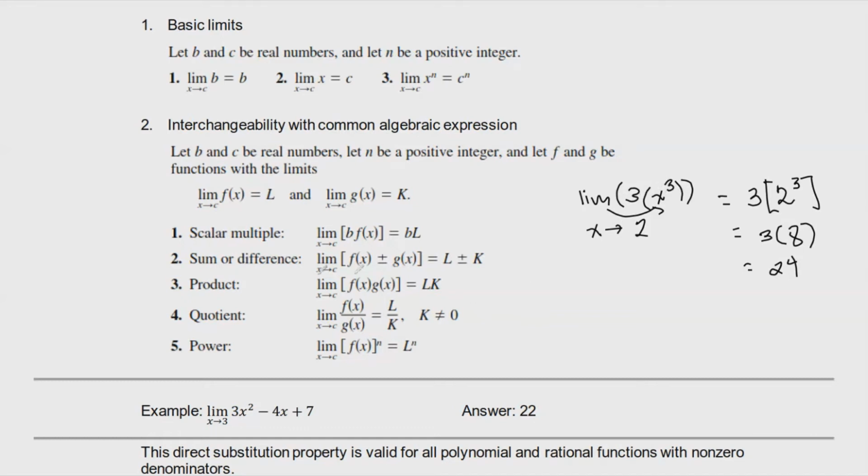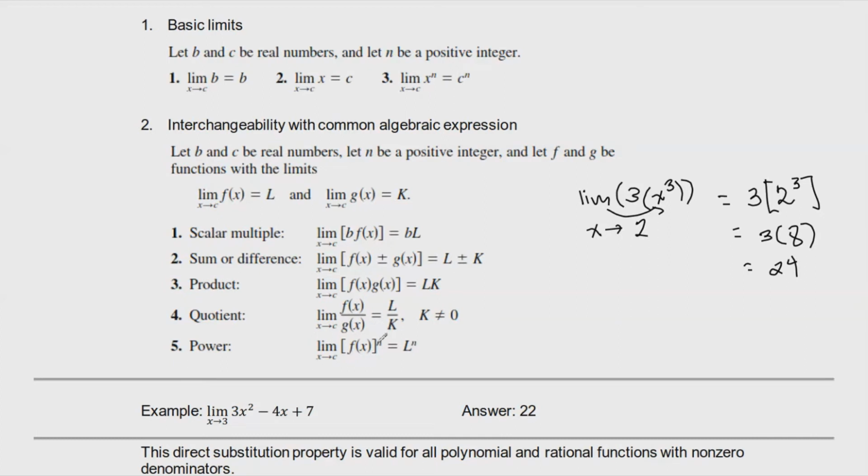Okay, and then for the sum and difference, these are just basic properties, and I don't think I have to give an example for this. If the limit of f of x plus or minus g of x, you can simply separate these two by the operation, and then the answer is L plus or minus K. And then for the product, the answer should be the product of the limits, and for the division, the answer should be the quotient of these two limits that are being evaluated.